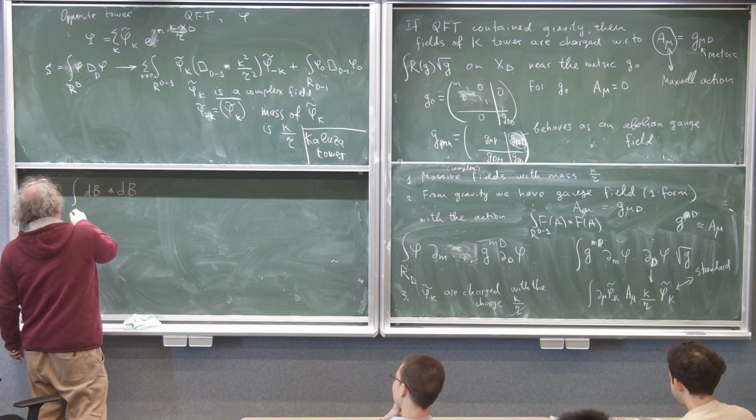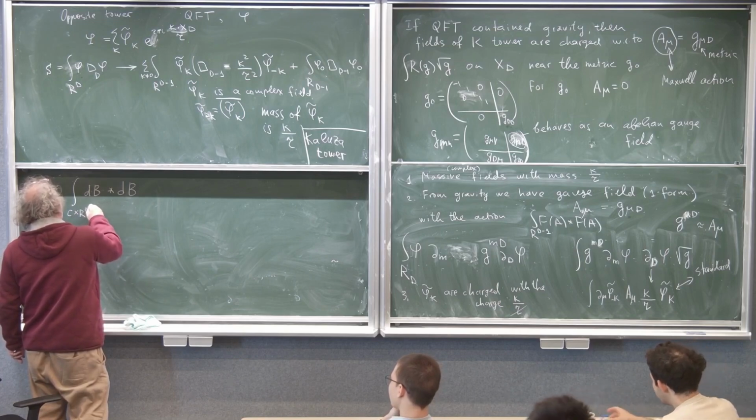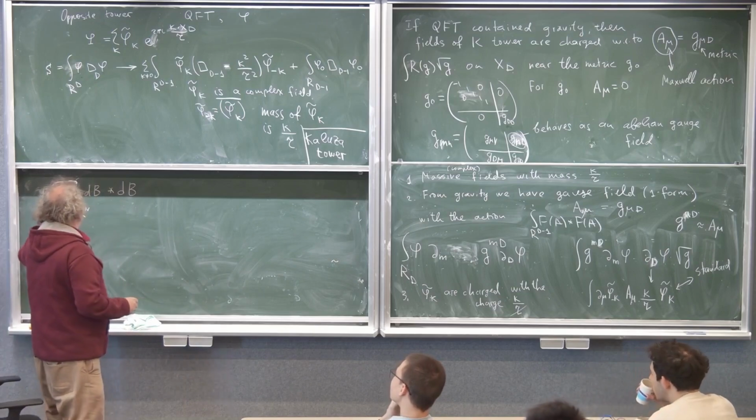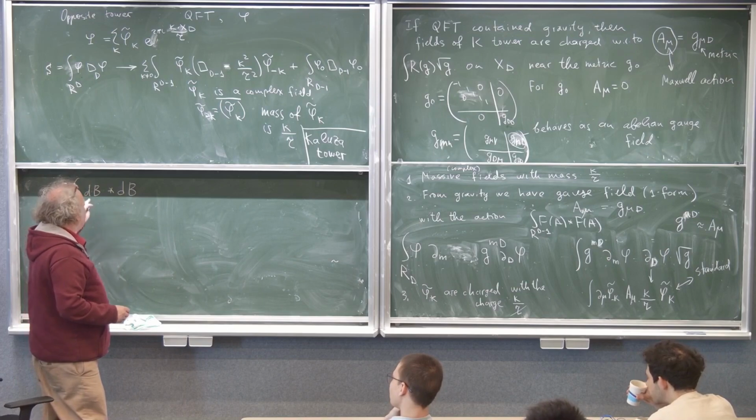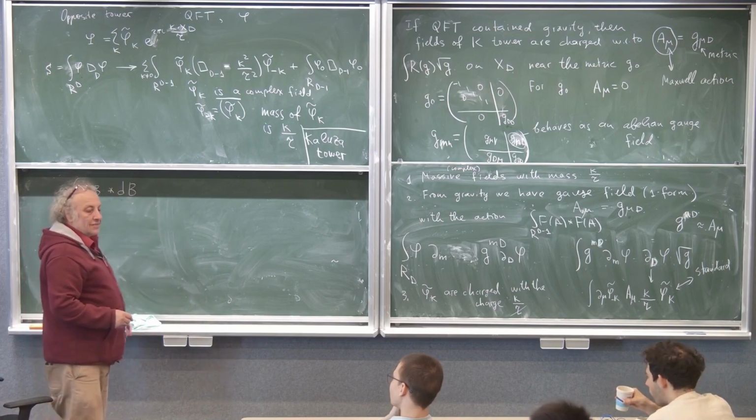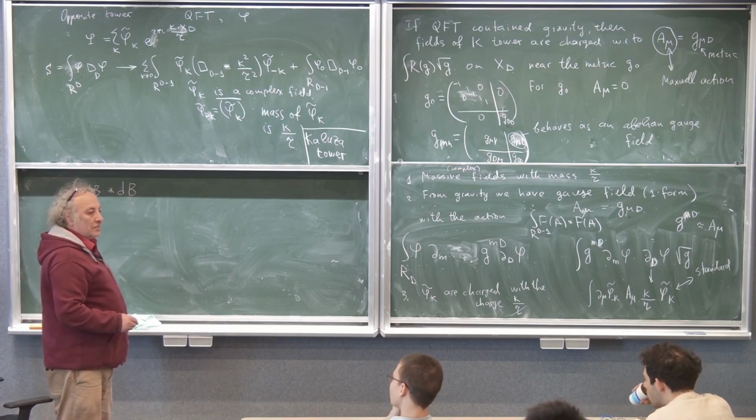Here we have a space C times R^n, where C is some space. And this is the action that generalizes the Maxwell action to the p-form.